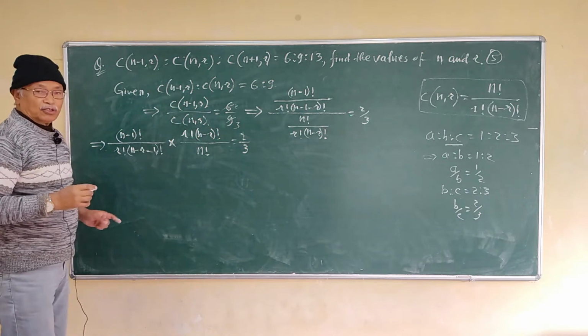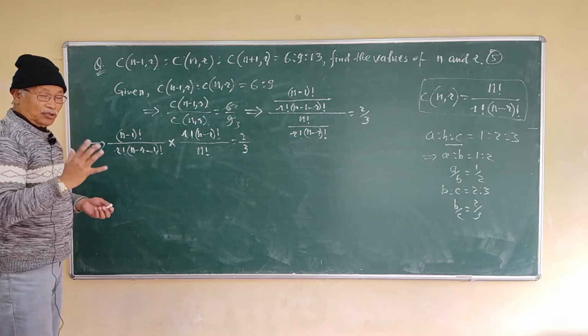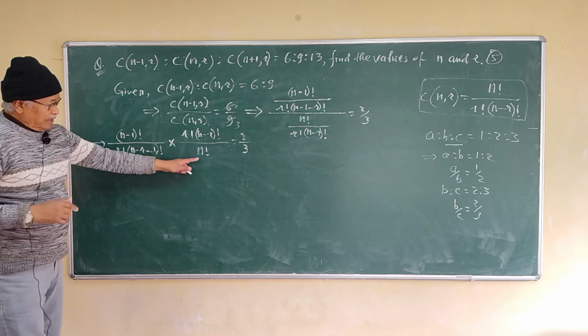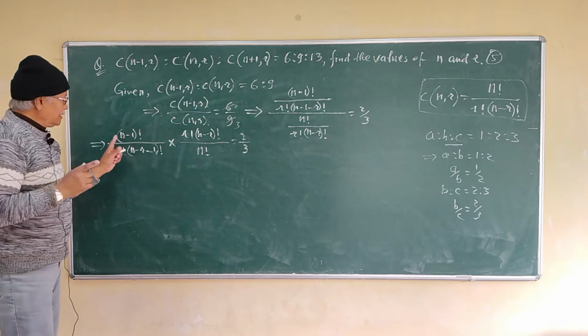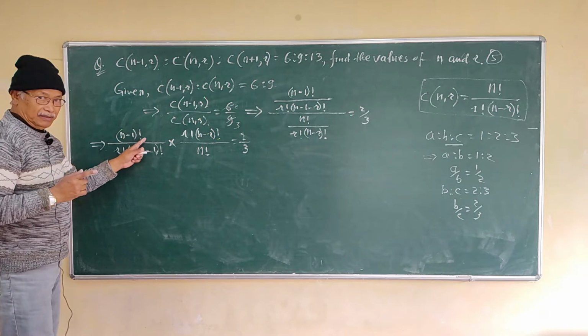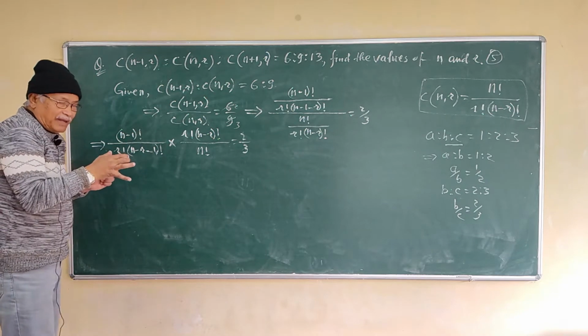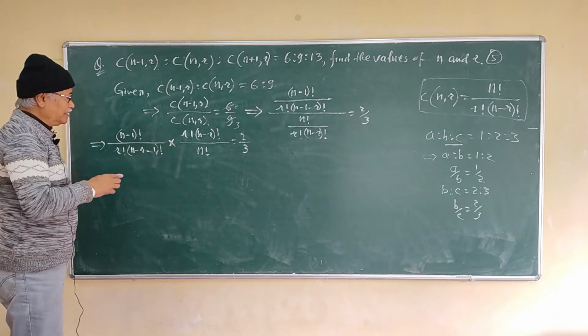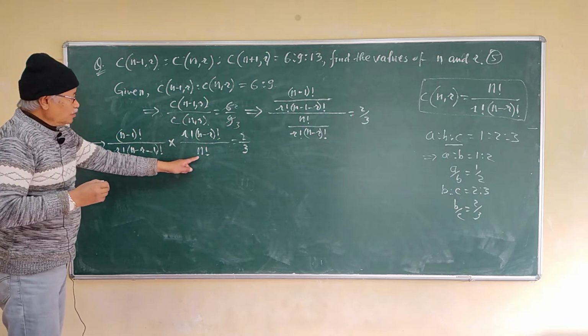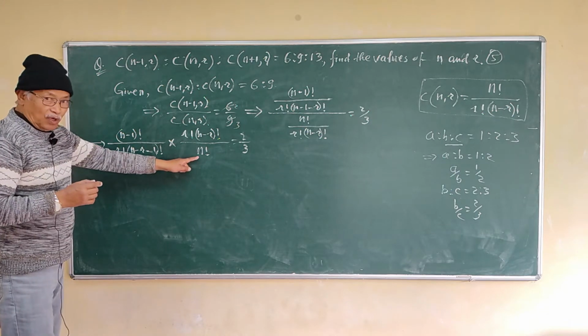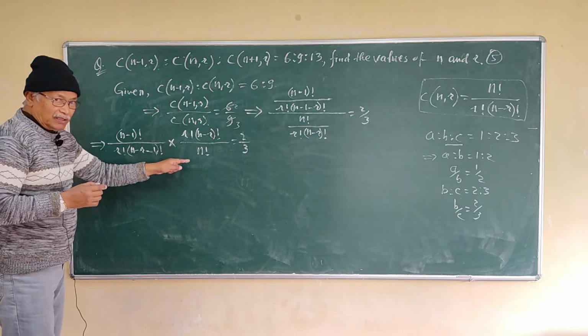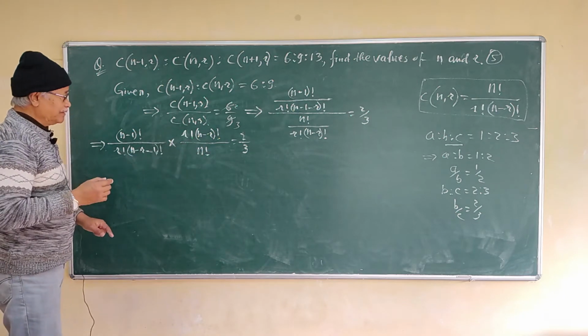Now this situation will demand your knowledge of factorial. You know that n factorial very much contains (n minus 1) factorial, because after n minus 1 comes n. So n factorial could be written as what? (n minus 1) factorial into n, right?